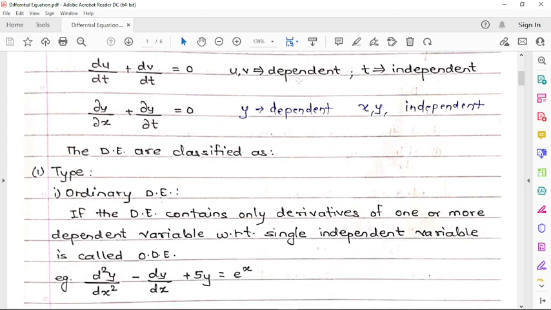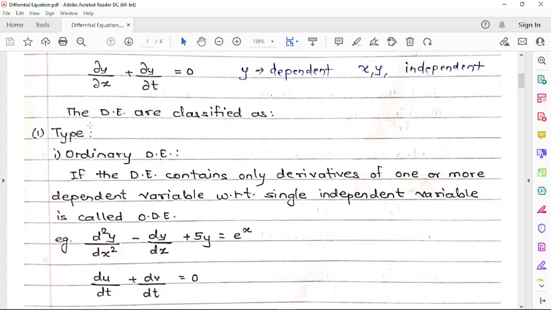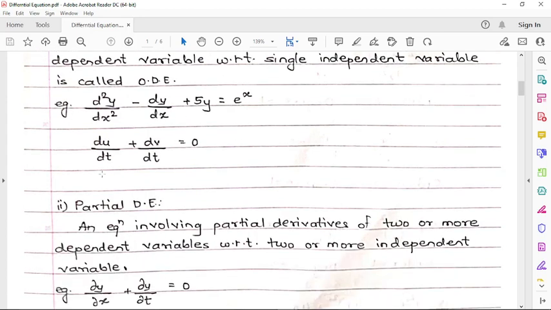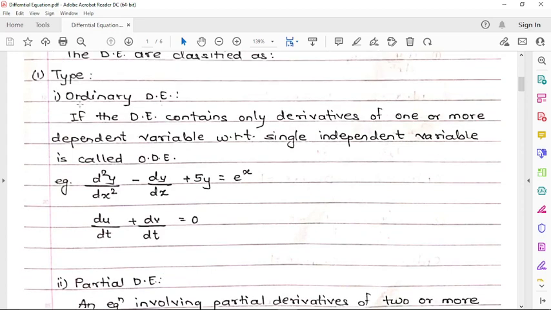Right? So let us classify differential equations, because we know that there are different types of differential equation and we have to study them. It would be convenient if we classify differential equations according to different types. The first type is ordinary differential equation or partial differential equation. Which equation is called an ordinary differential equation?